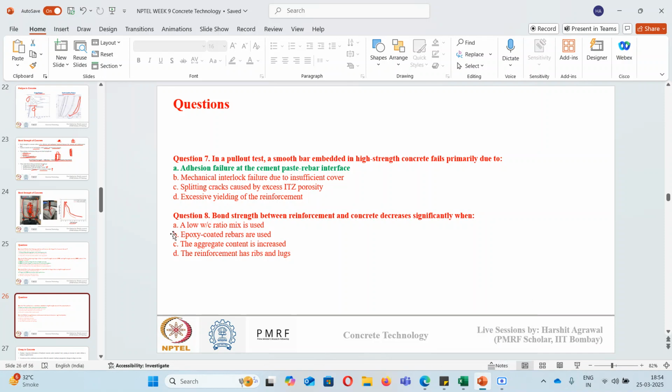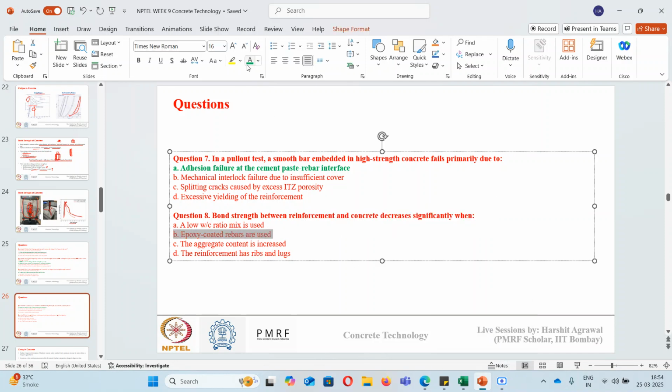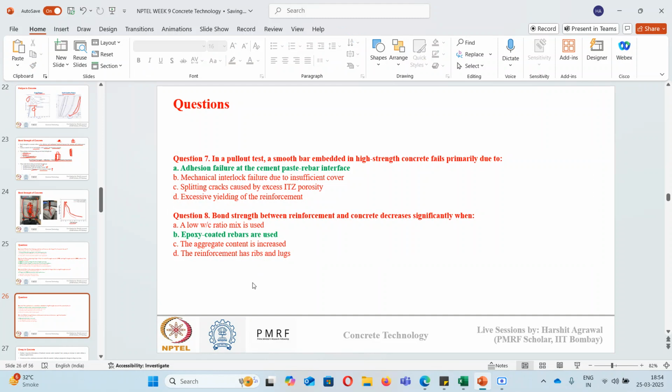Okay, so the correct answer will be B in this case. How? Epoxy coating is a smooth coating that is done on the reinforcement. Generally these coatings are done to protect the reinforcement from corrosion, since they are like an insulator coating which will cut down the interaction between the reinforcement and the environment.